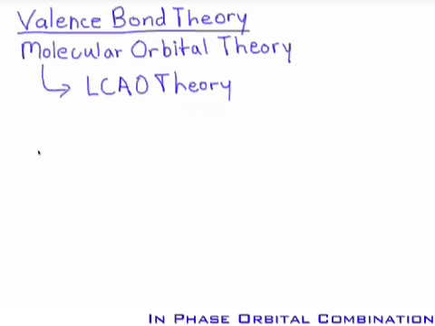When the overlapping orbitals are in phase, what happens? Well, where they overlap, reinforcement occurs. And where they overlap is between the two nuclei. Now, if reinforcement occurs, that means that wave function is enriched between those two nuclei.